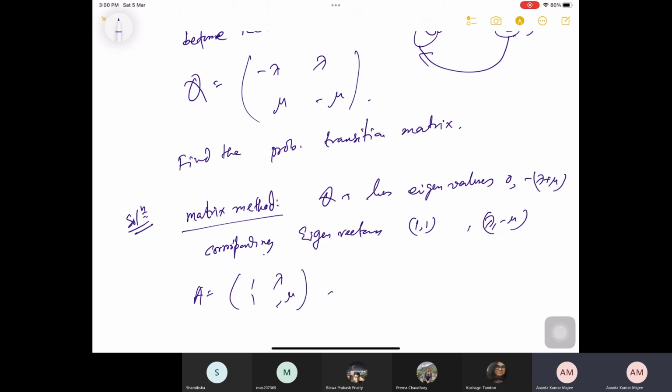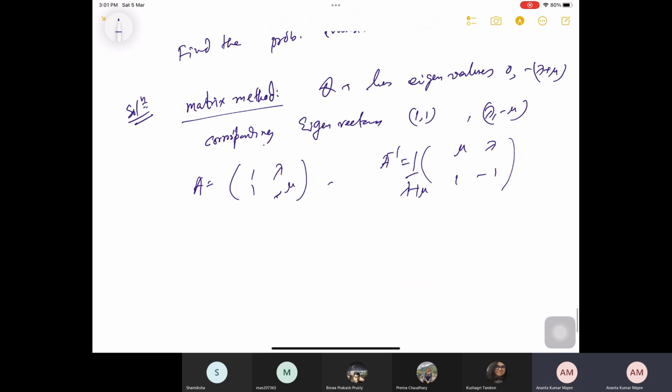And A inverse exists; you check it, A inverse is 1 by lambda plus mu, because it is only a 2 by 2 matrix, so one can easily find A inverse. This is mu lambda 1 minus 1, is it not? So consider the transpose and so on, you know all these things.